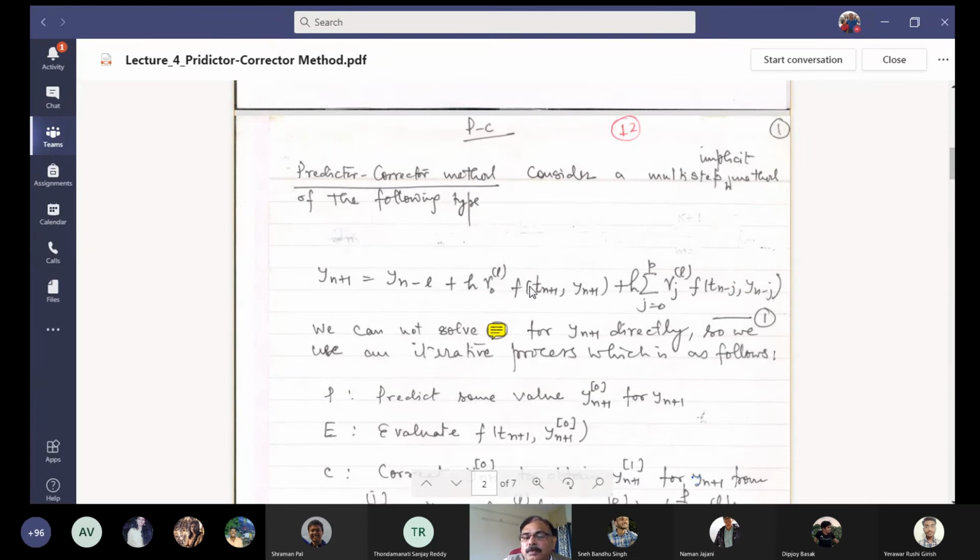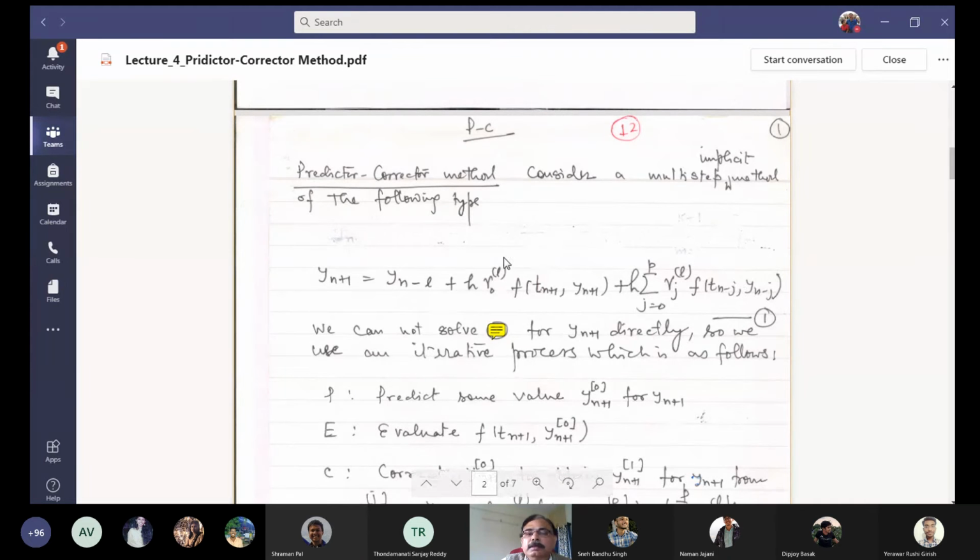It is the coefficient of the implicit part, that is f(t_{n+1}, y_{n+1}). Remaining all these are previous values which you already have.